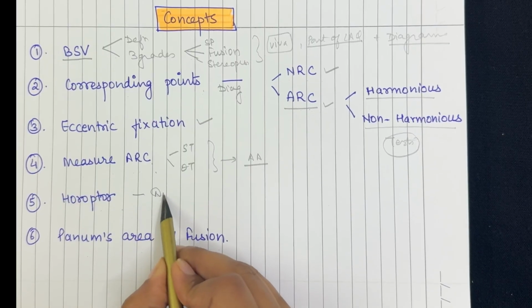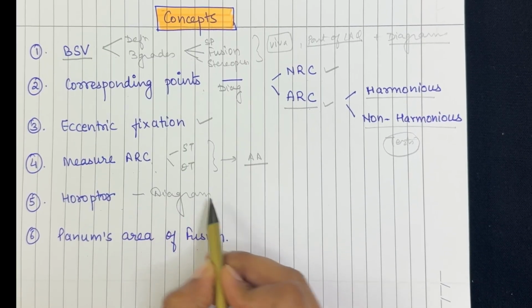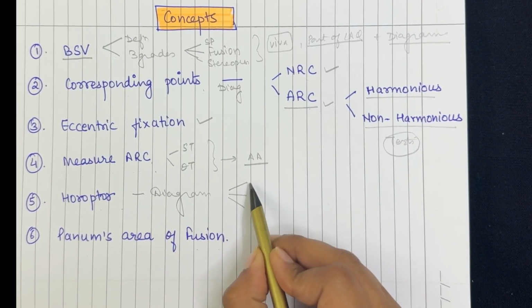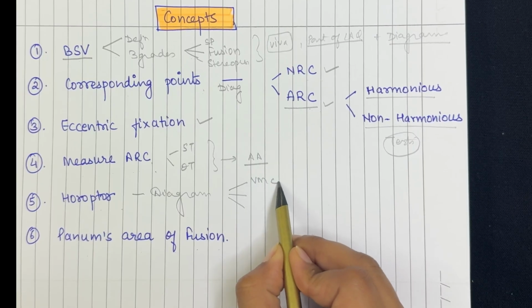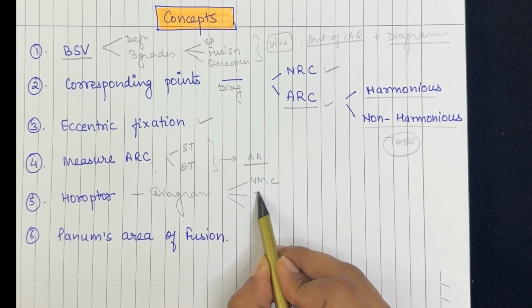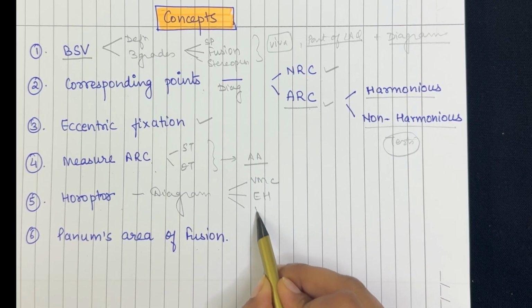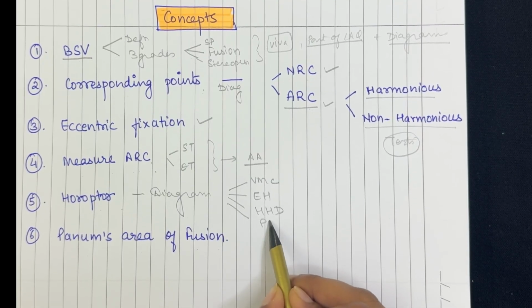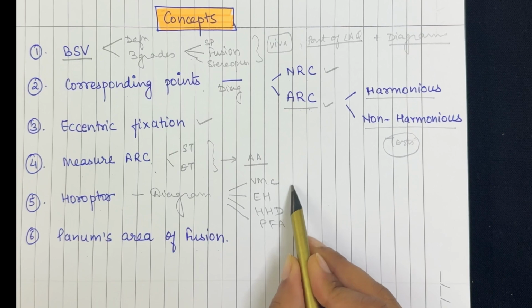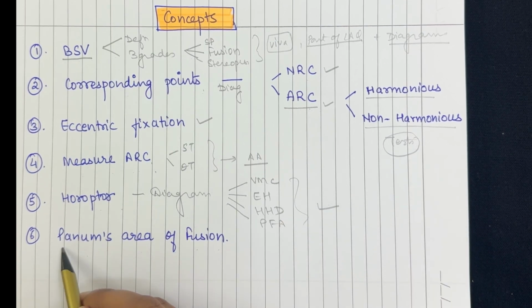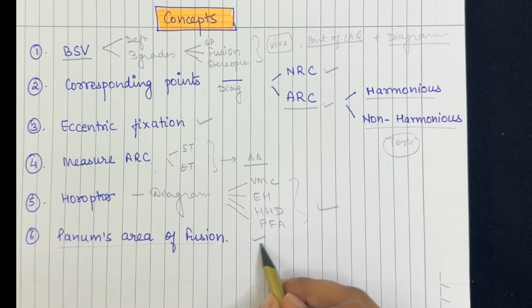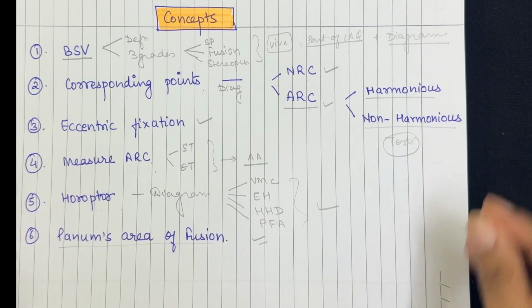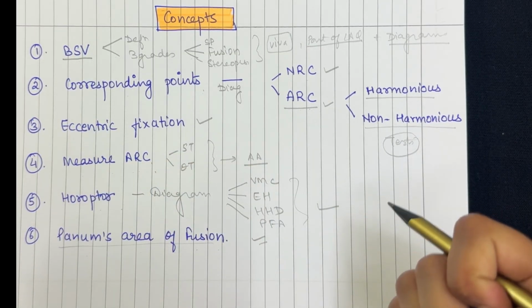For Horopter I have given you the diagram. You can explain everything: what is Vieth-Muller circle, what is empirical Horopter, Hering-Hillebrand deviation, and Panum's fusional area, right? So you can talk about it now. Panum's area of fusion, this is done. I hope this is clear. You are good to go.